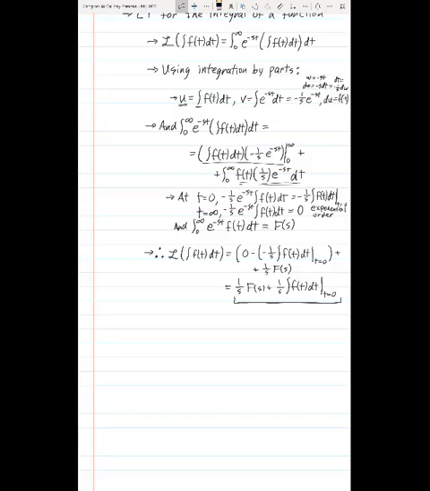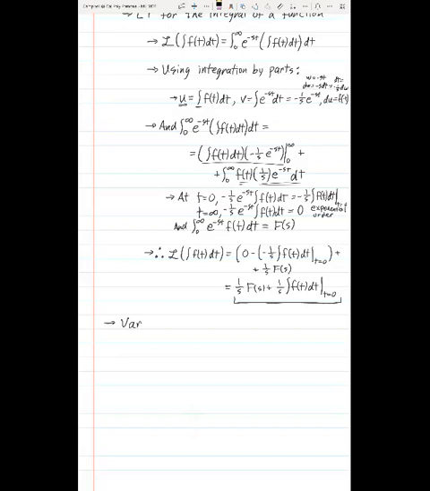But it turns out that this transformation is actually much more powerful than that, and we'll get into that right now.